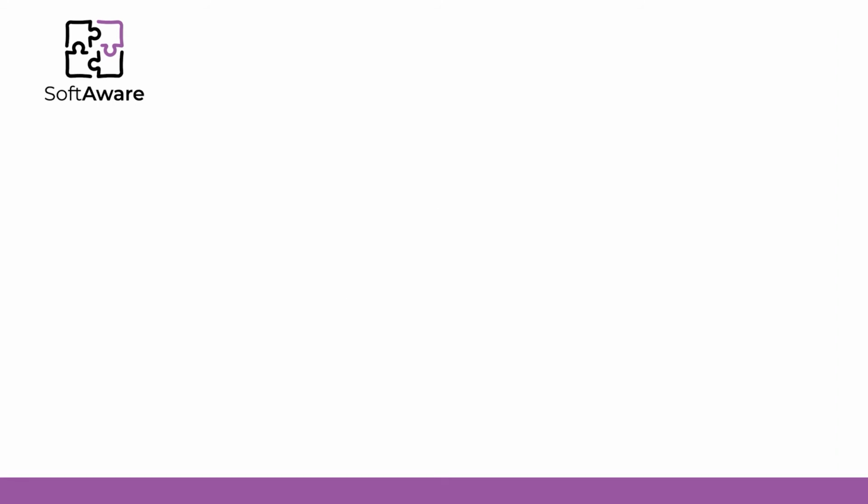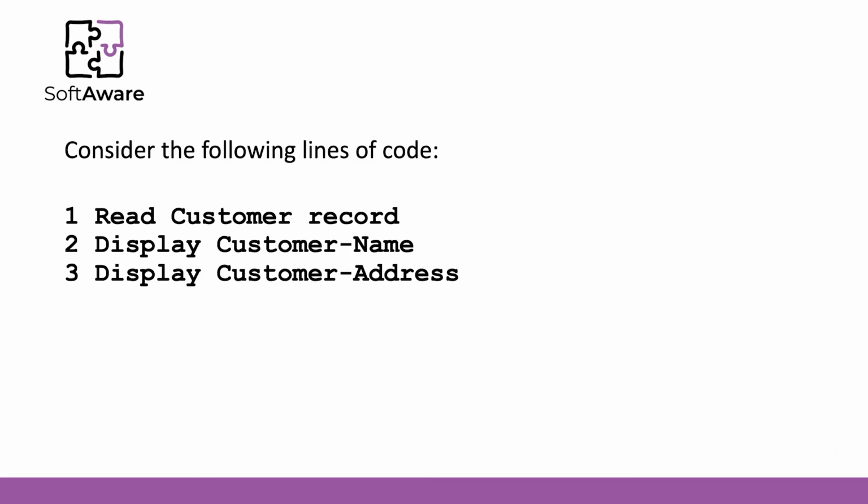Let's look at some example. Consider the following lines of code. So we have, in pseudocode, an algorithm that actually implies the sequence of 3 lines of code. Those 3 lines of code are all executable statements. There isn't one decision, there isn't one branch, there isn't a repetition structure.